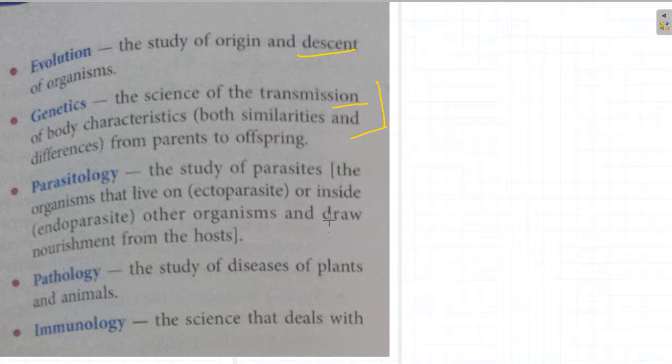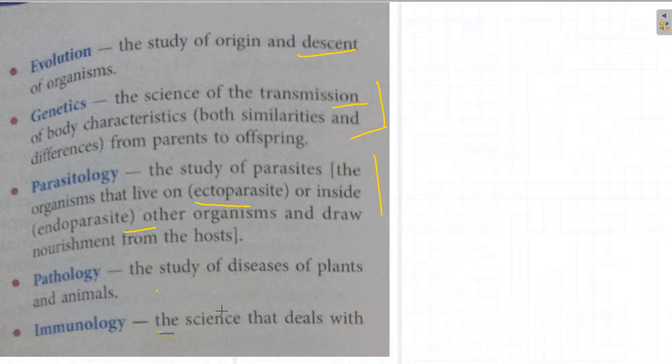Parasitology, study of parasites. The organisms live on ectoparasites, external organisms, or inside endoparasitic organisms, right. So this is called parasitology. Next is pathology, study of the diseases of plants and animals is called pathology.